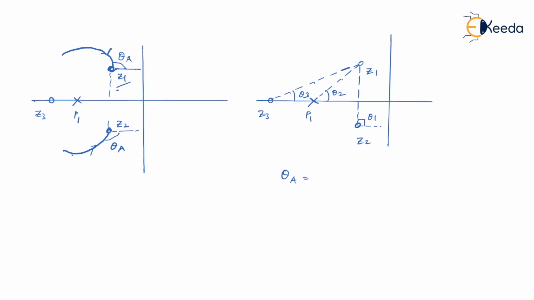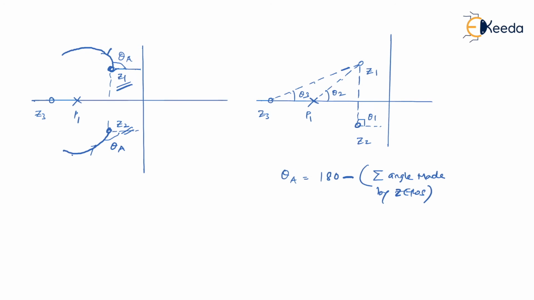You have to calculate it either for Z1 or Z2. For theta A, I can write it is nothing but 180 minus the summation of angles made by zeros. If you see, it is exactly the complement of the previous formula. In the previous formula, it was plus the summation of angles made by zeros; now it is minus over here.